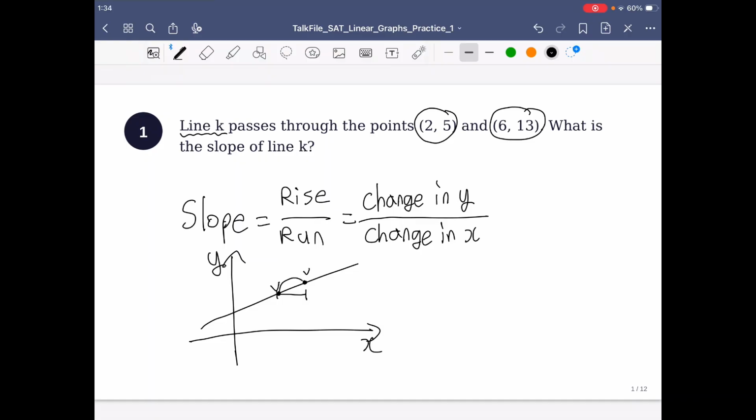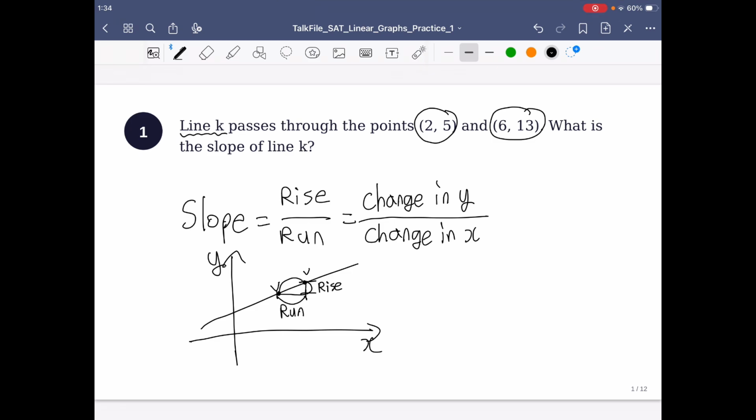Then change in x is the run, and change in y is how y rises between the two points, which is the rise.